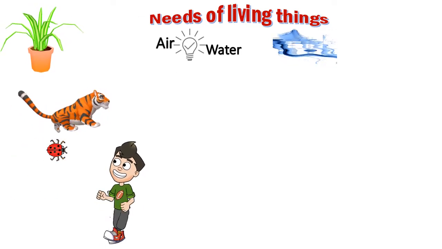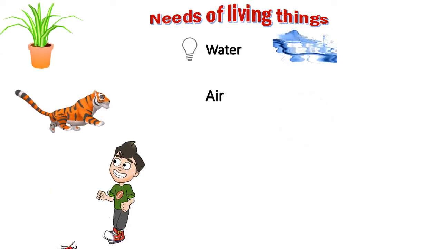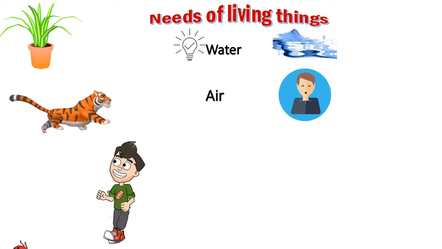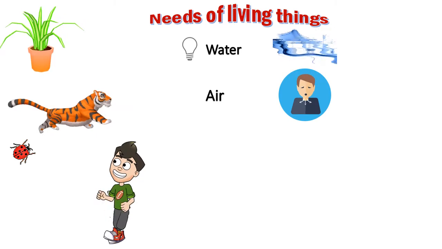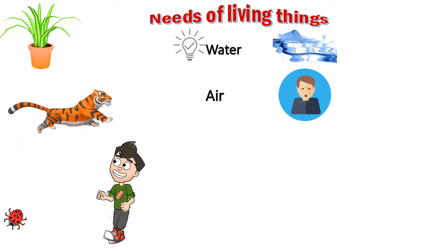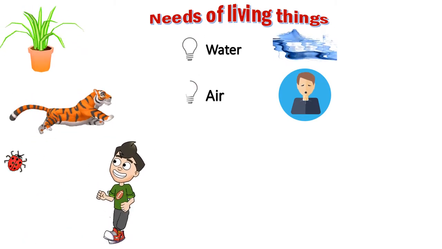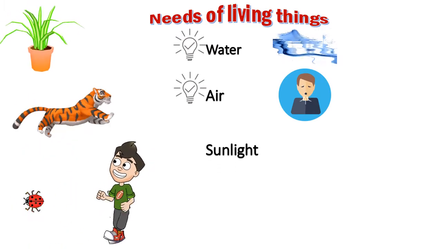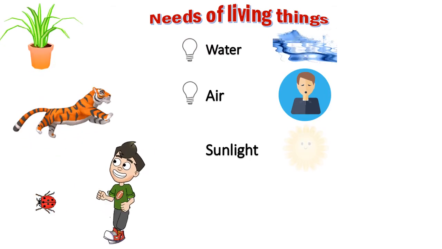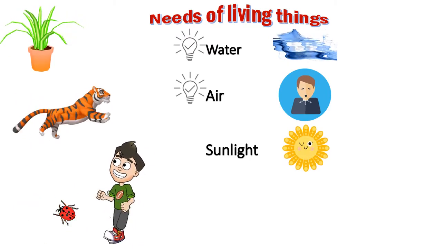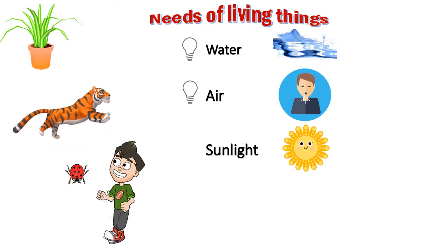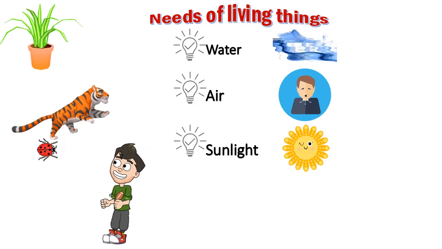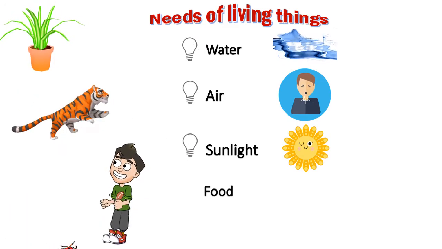The next important need is air. Did you know that we as humans can only live a few minutes without air? Air is also so important for plants and animals. The third basic need is energy, which we get mainly from sunlight. For example, plants get their energy directly from the sun. Another need for living things like humans and animals is food.